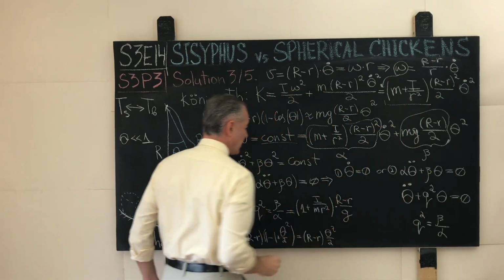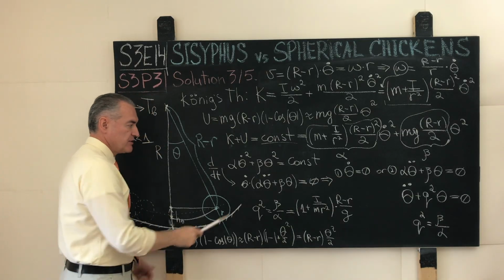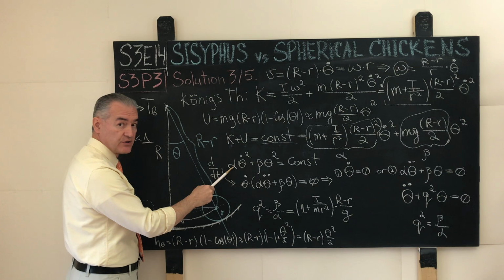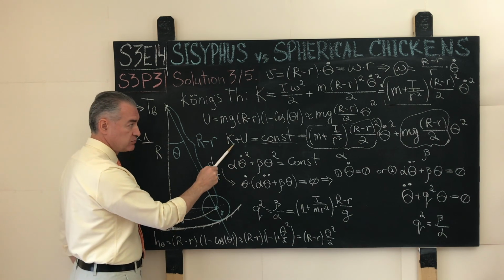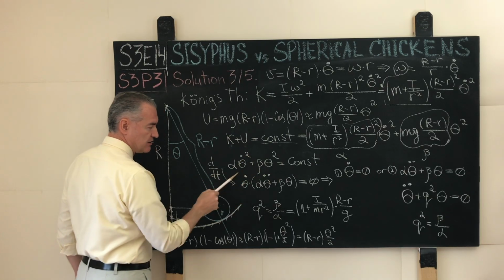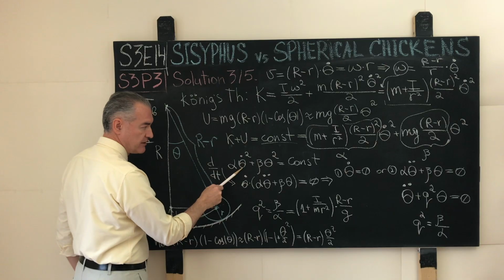So now we have this expression that is a mathematical manifestation of the law of conservation of total mechanical energy over time. K plus U is constant. This is all we care about, the angle theta.